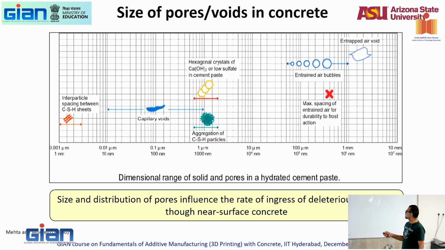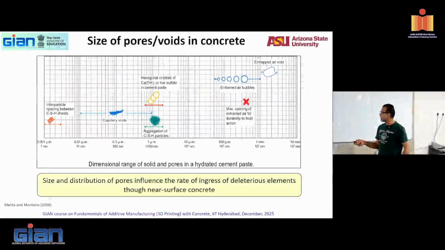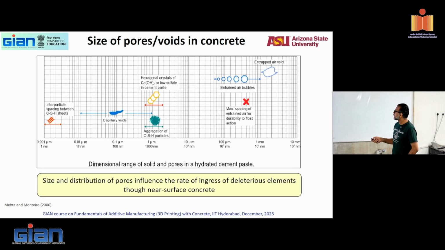Size of pores and voids in concrete. Again, this is generally in your regular concrete. You can have 9 orders or 10 orders of magnitude size in pores, correct? The really small pores in your CSH gel, the gel porosity as you would call it, which is also pores, all the way to entrapped air voids, larger air voids in concrete spans 9 orders of magnitude.